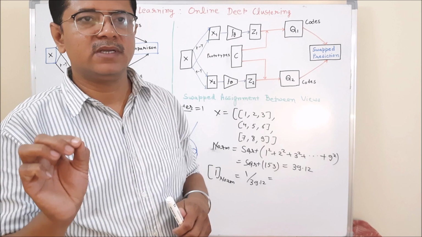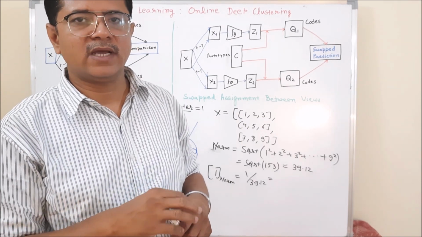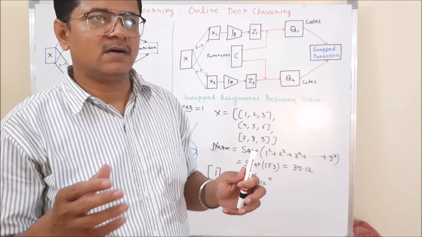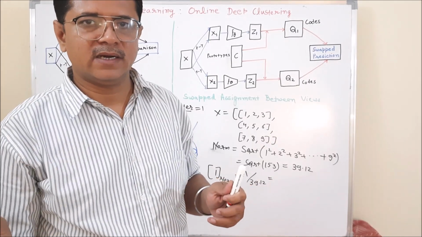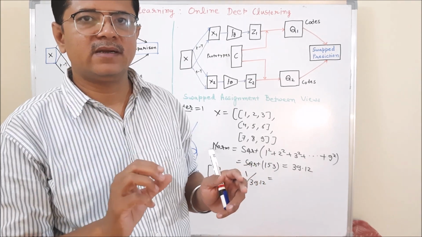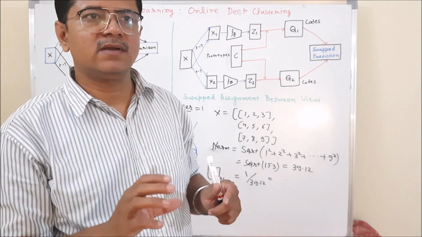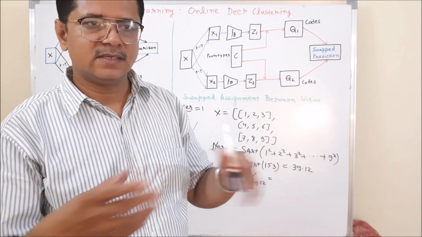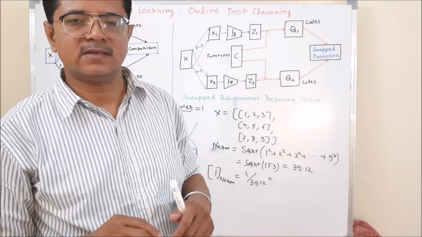A very simple example: just take MNIST data. This is a very simple handwritten character dataset. Take some set of characters and color them with a particular color. Suppose it is red, and for the others, color them with different colors.